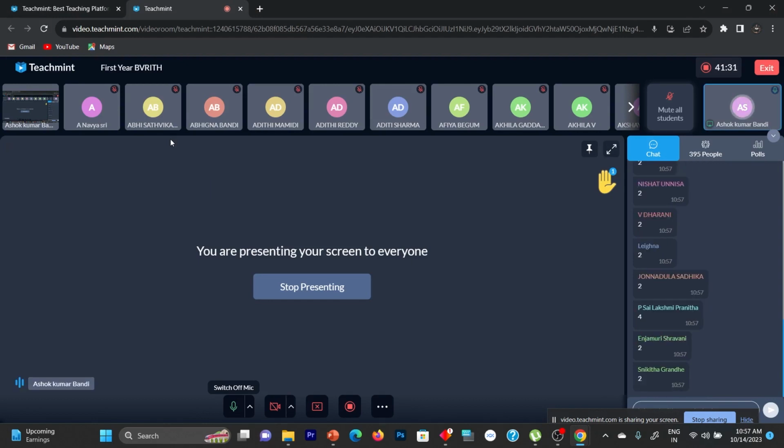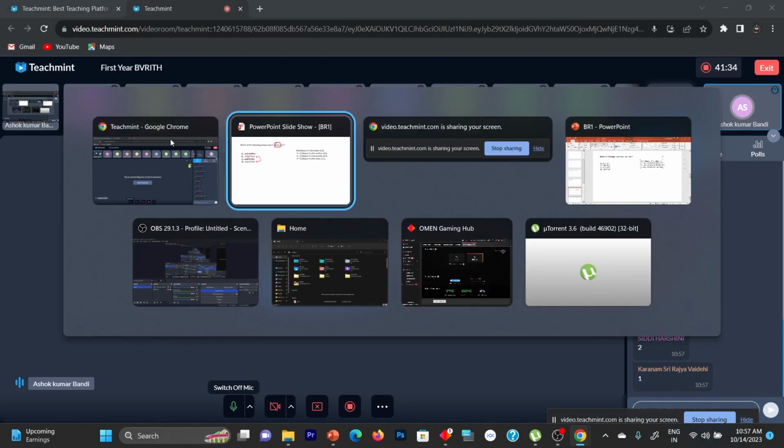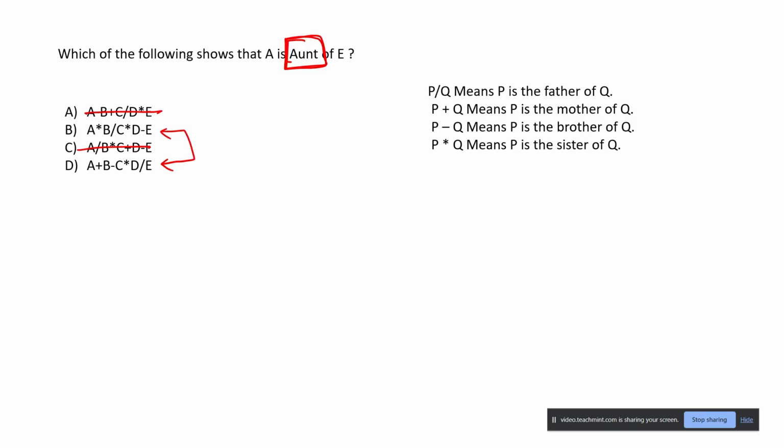Nice, very nice. Guys, why draw two diagrams? One diagram is enough. See, for example, I am going to draw the diagram for option B. If I get the answer here itself, I can say B is my answer. If I don't get my answer from option B, I can say D is my answer. So listen carefully. I have both options, B and D. I am going to choose an option and draw the diagram.